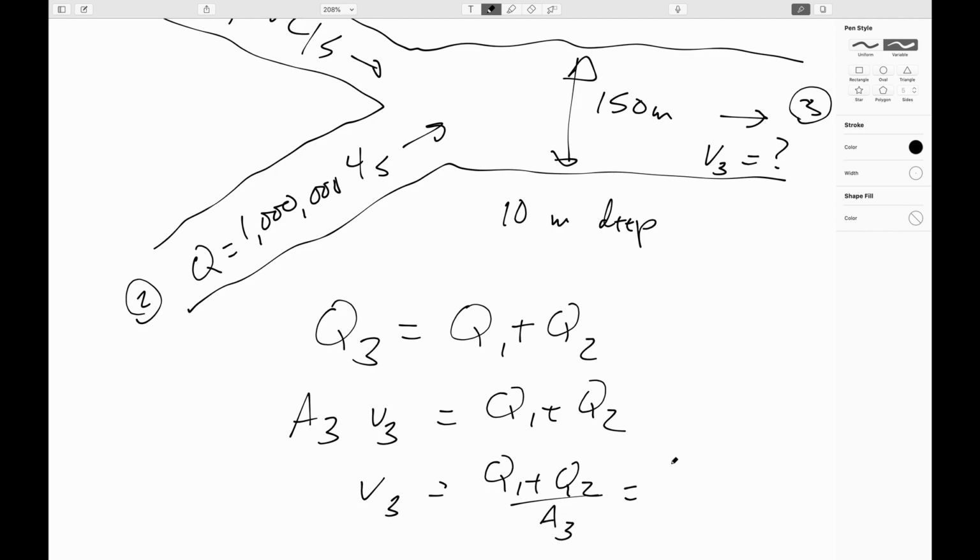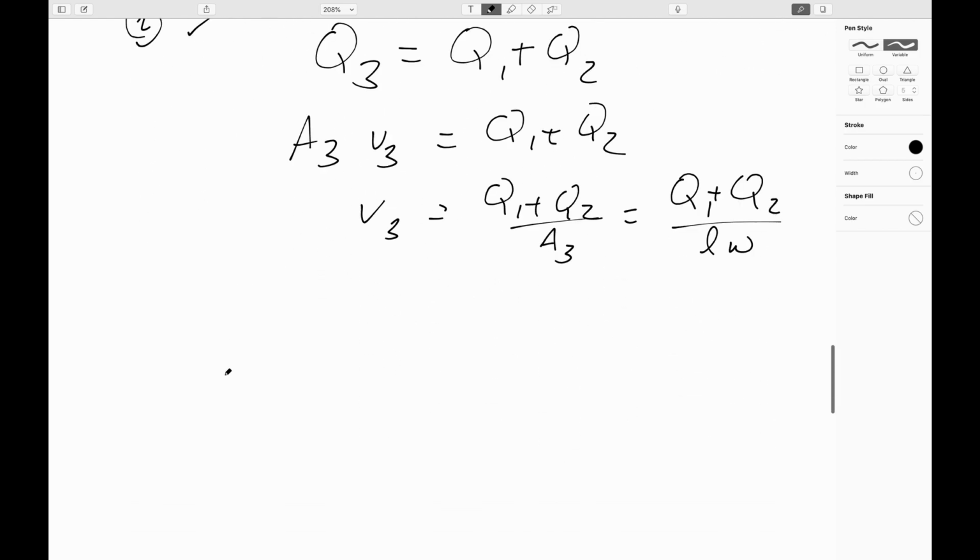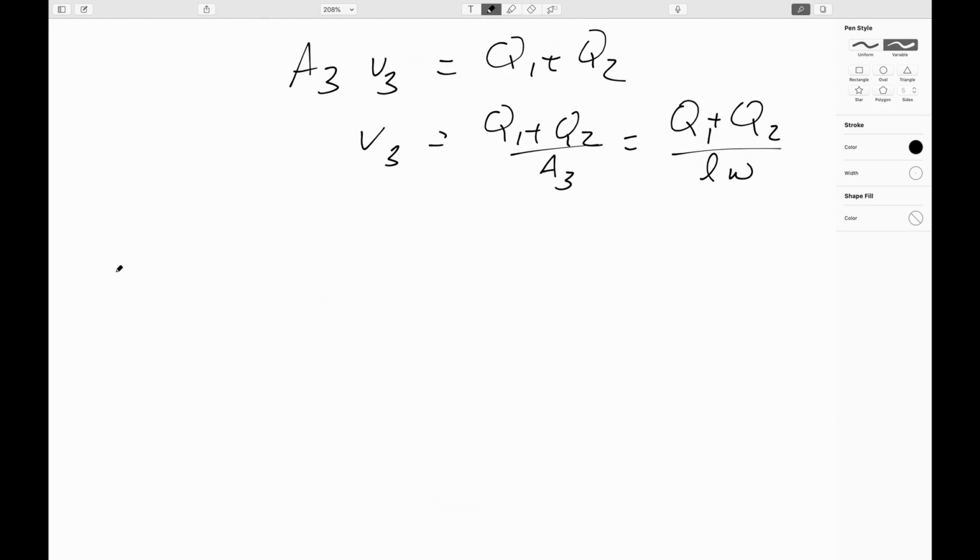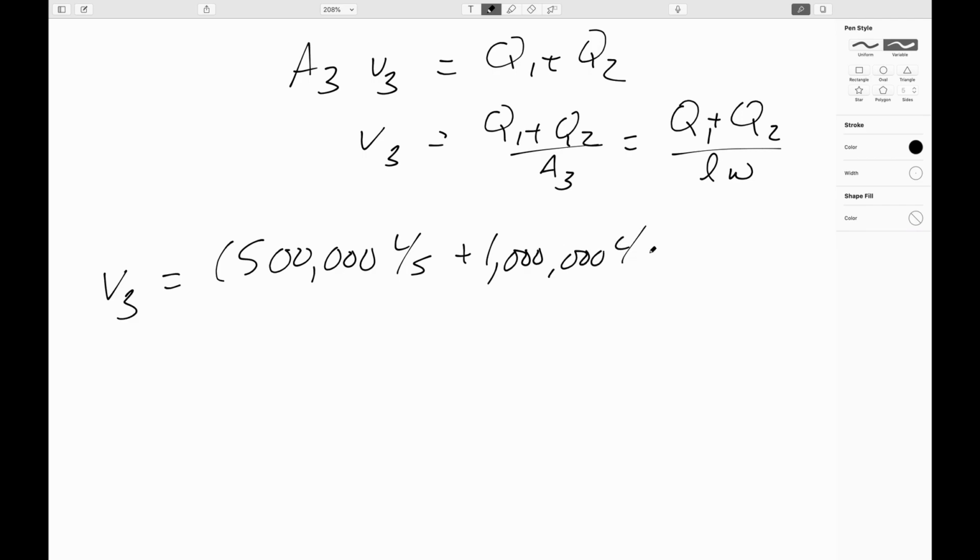And since I gave you the length and the width, this will become Q1 plus Q2 over the length of the river times the width. Okay, we can figure that out. So we'll have V3 is equal to, all right, we have 500,000 liters per second there, plus 1,000,000 liters per second there, over 150 meters wide times 10 meters deep.